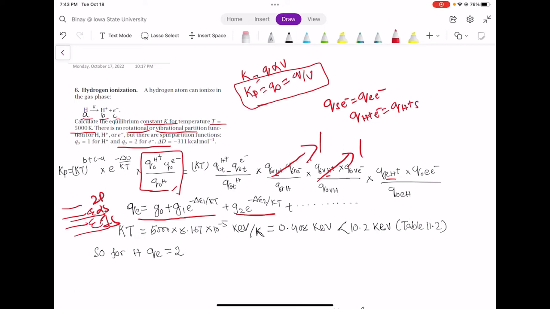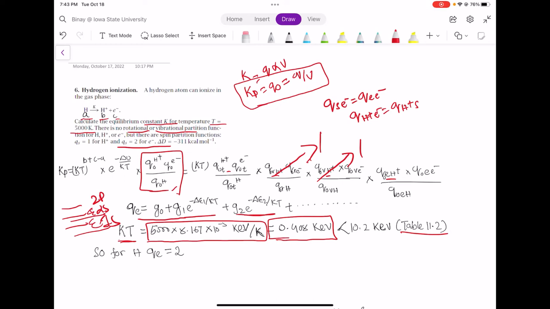Now what will be our electronic partition function for the hydrogen atom, because there are numerous values given in table 11.2. Given our kT, we can calculate kT, the Boltzmann constant times temperature. I have just written down here 5000 times the value of k, and I got 0.408 kilo electron volt.